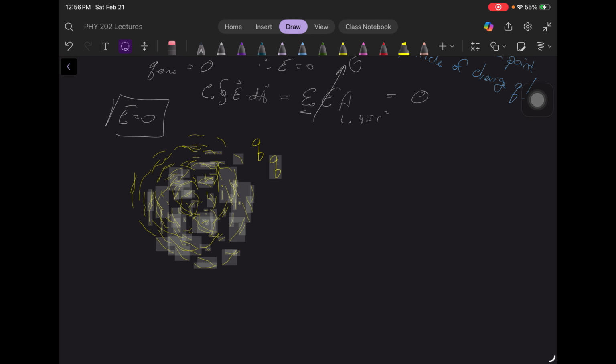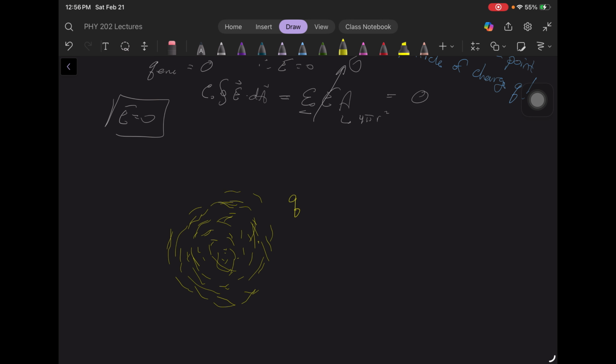We can imagine electric field lines are all going to go radially outwards. Okay, and so let's say this has some radius big R. And let's say we want to look at the electric field for little r is less than big R, right?